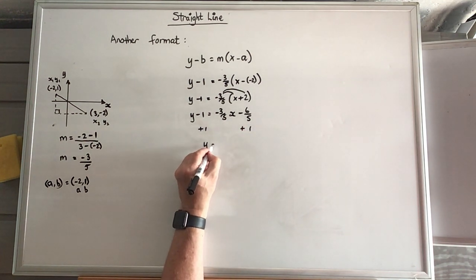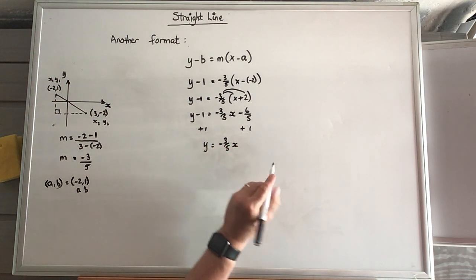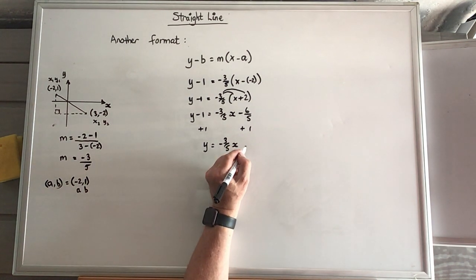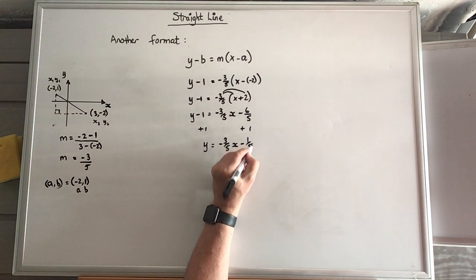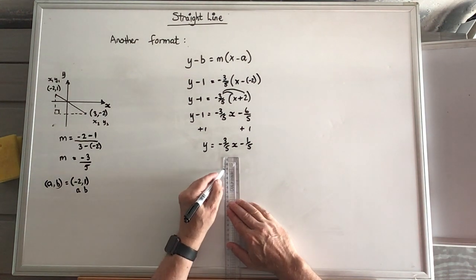We get y is equal to minus 3/5 x. And we're adding 1 onto that. Well, 1 is the same as 5 over 5. So minus 6 over 5 plus 5 over 5 is the same as minus 1 over 5. So again, if we're going to sketch that out, let's do a wee sketch.